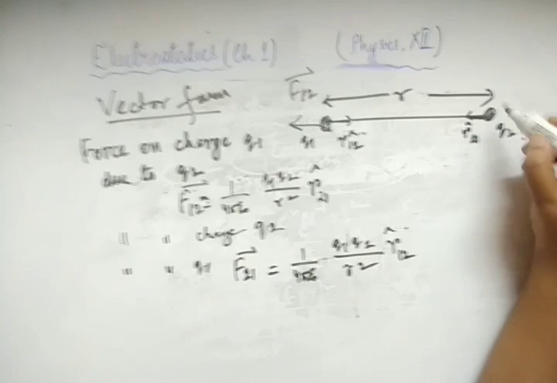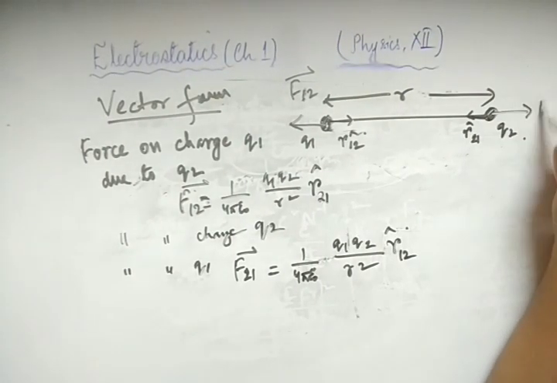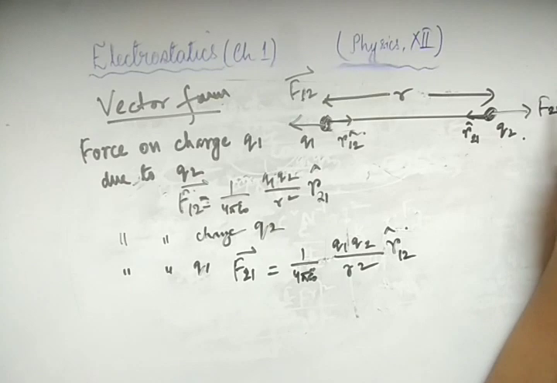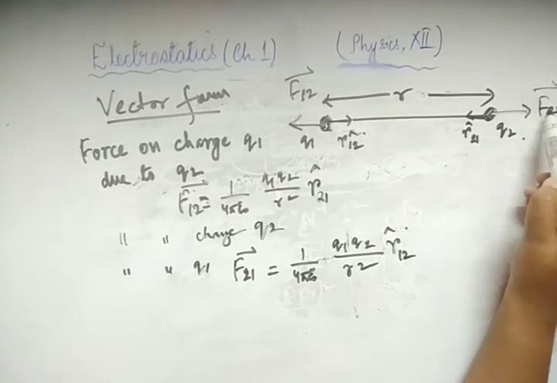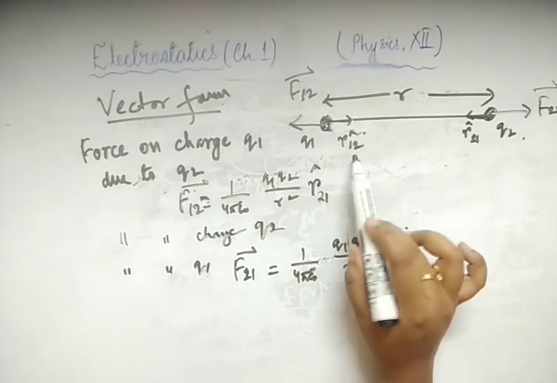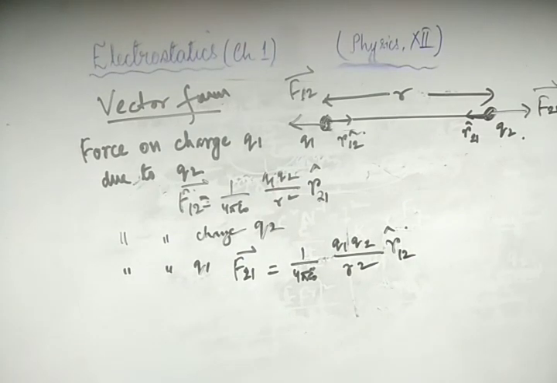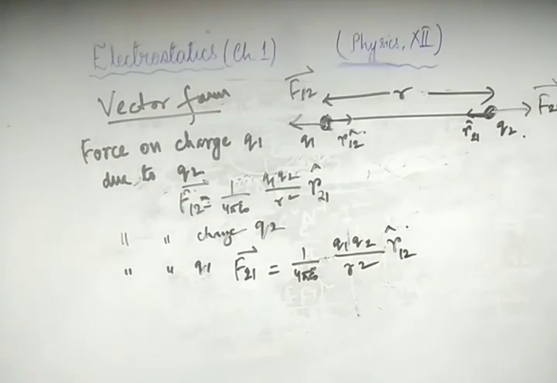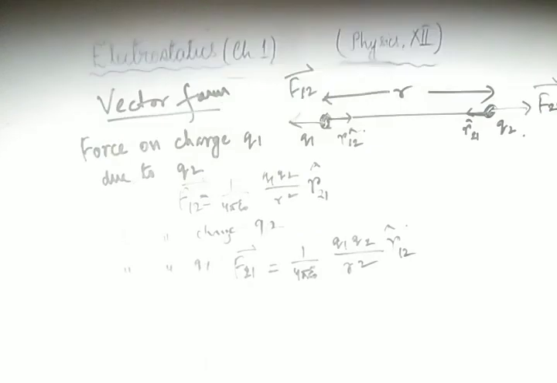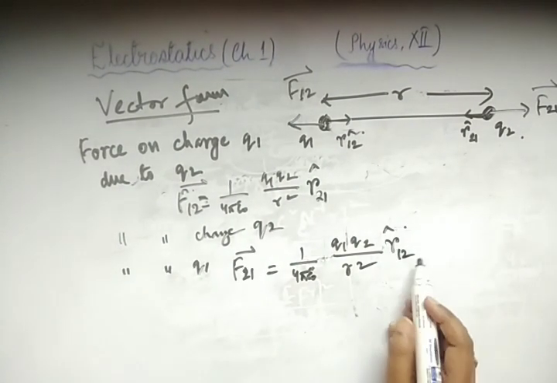Because this force will repel this charge towards this side, so the force is pointing this side. A vector pointing this side is R12. So R12 is the unit vector pointing this side. The direction is in this manner.